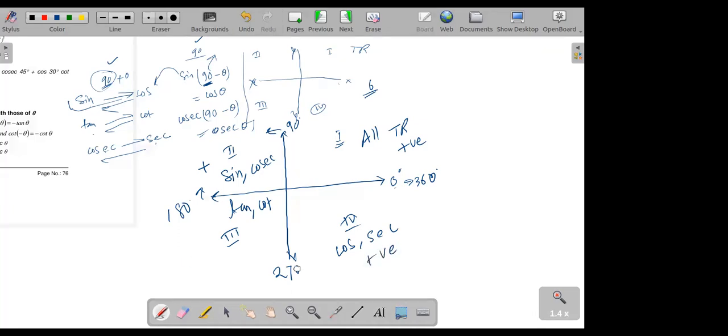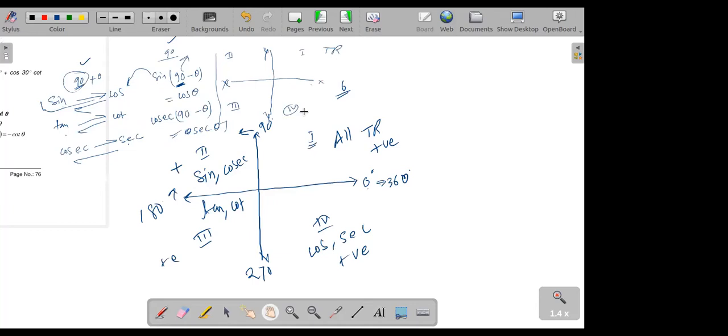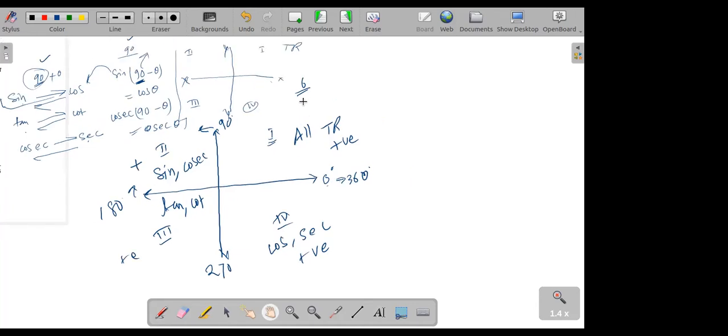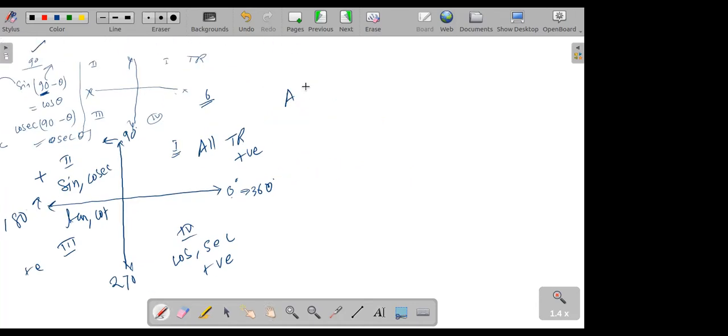Okay, you got it. There is one phrase we can remember it with: add sugar to coffee. A is for the first quadrant, all. S is for the second quadrant, sine and cosec.